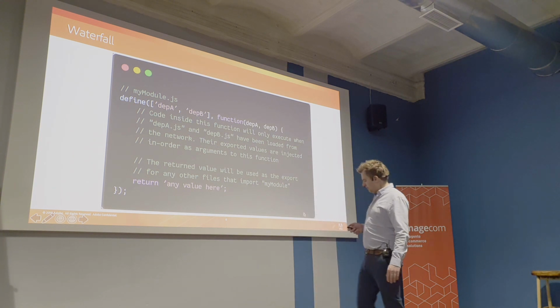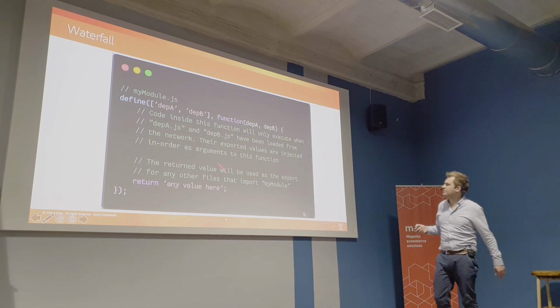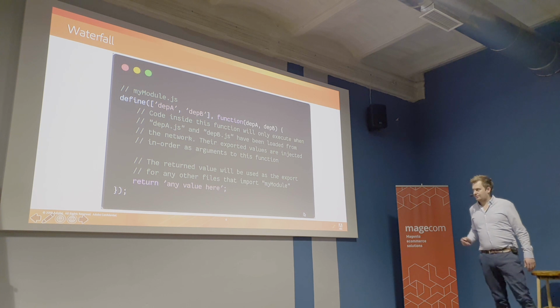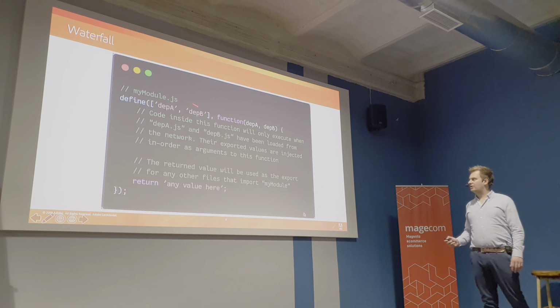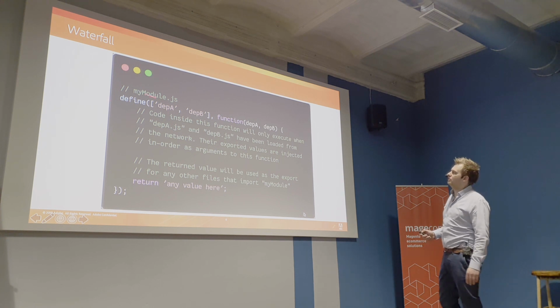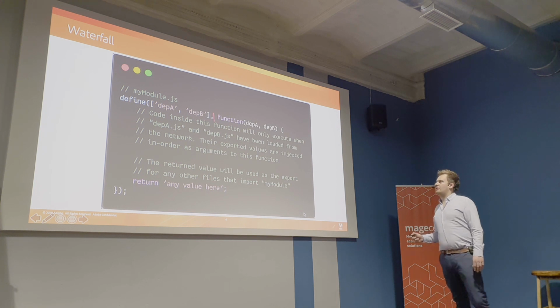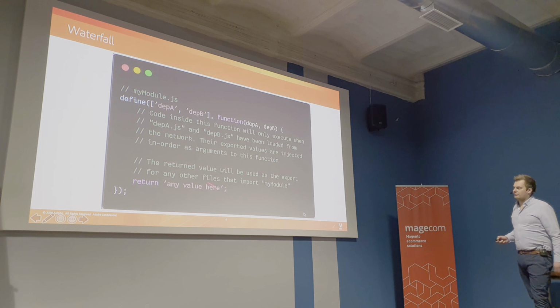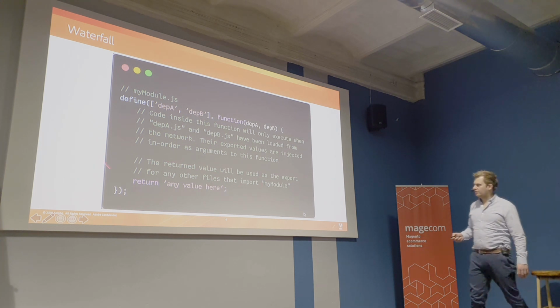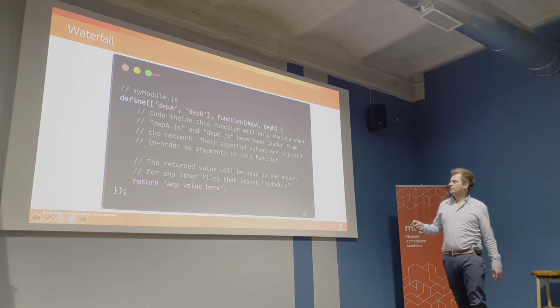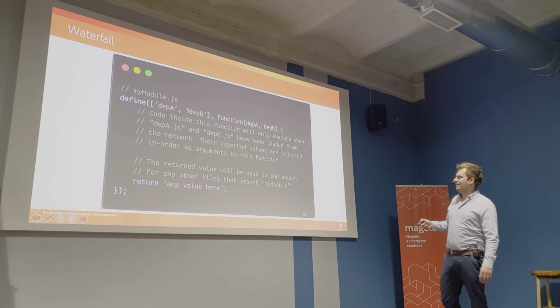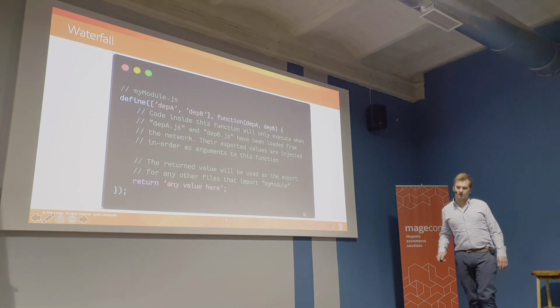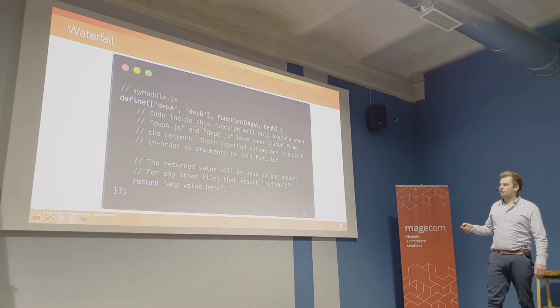If we look at the following code, we have mymodule.js. We define it, and we are requiring dependency A and dependency B. Then in the end, the module returns something. But before the module returns anything, first it loads dependency A, and then dependency B from the network, and then it starts executing all the code here.